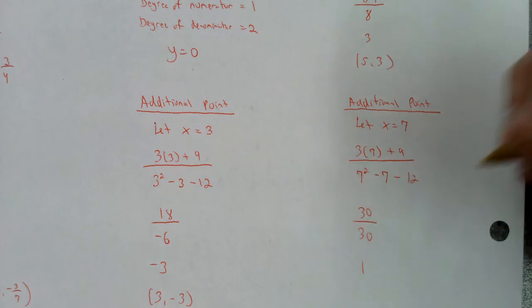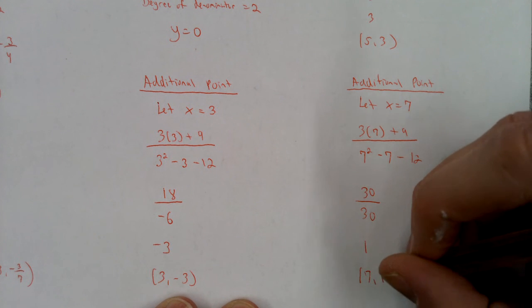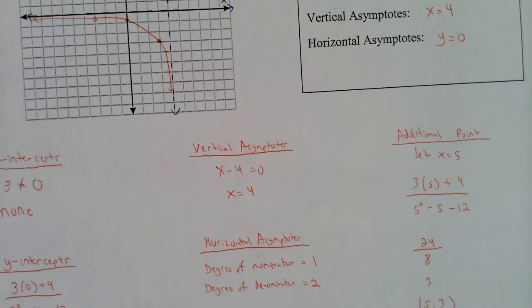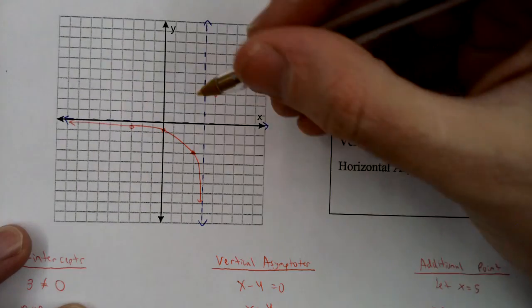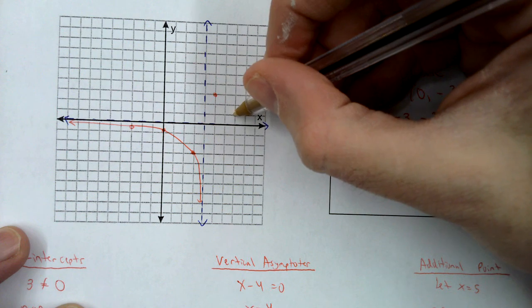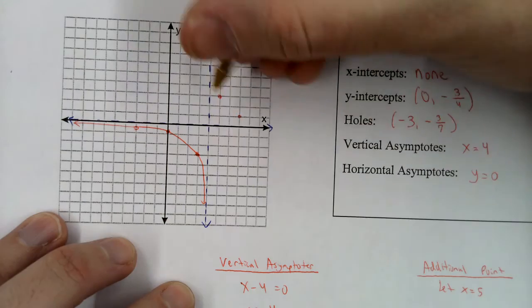That equals 1. That gives us the point 7, 1. Let's graph that. I got those 2 points. I have my asymptotes, so I'm good.